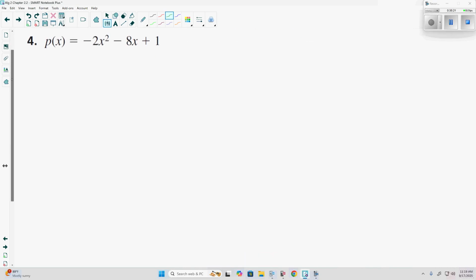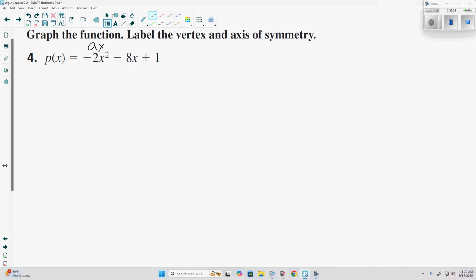Let's look at one more. Negative 2x squared minus 8x plus 1. ABC. A in our case is negative 2. B is negative 8. And C is 1.